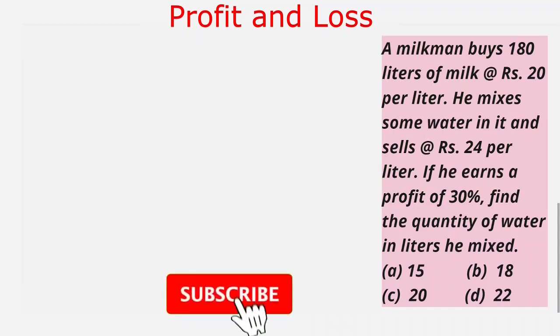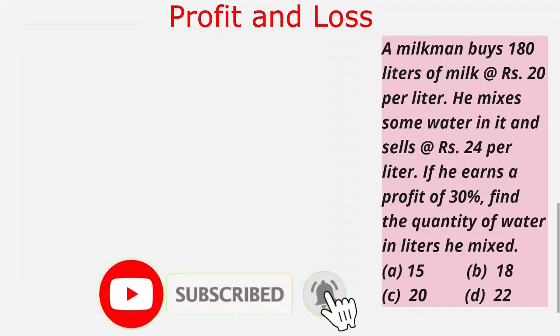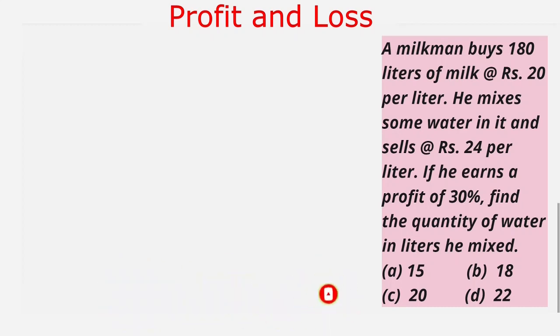We solve this question by two methods. The first is the conventional method and the other is the shortcut method. The quantity of milk given is 180 liters, and after mixing the water, it is sold.